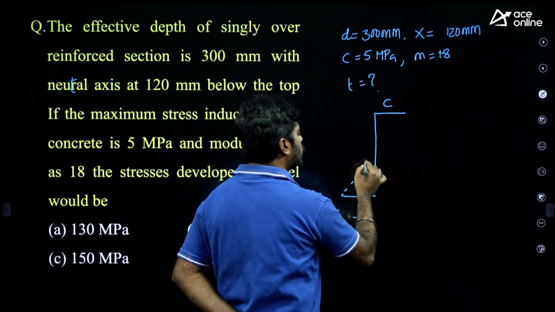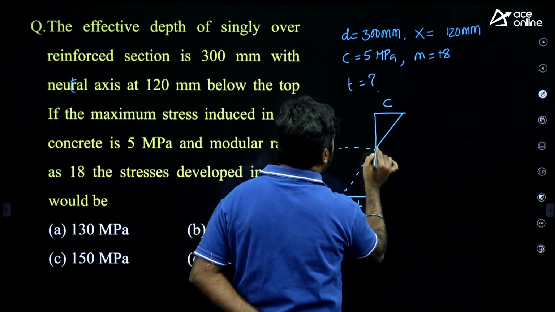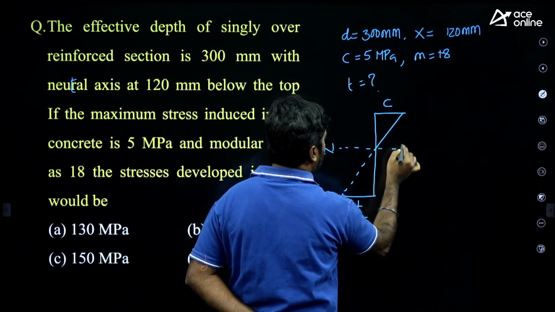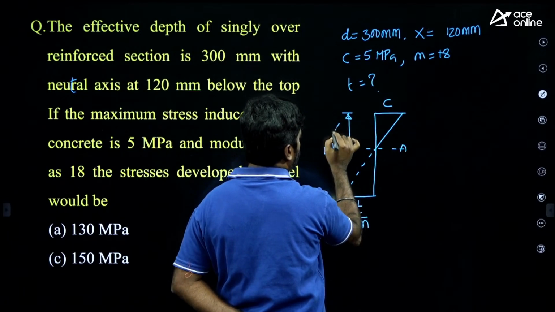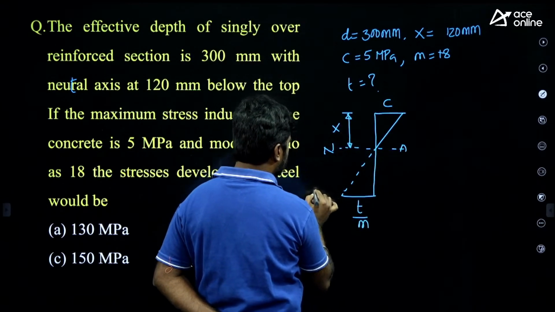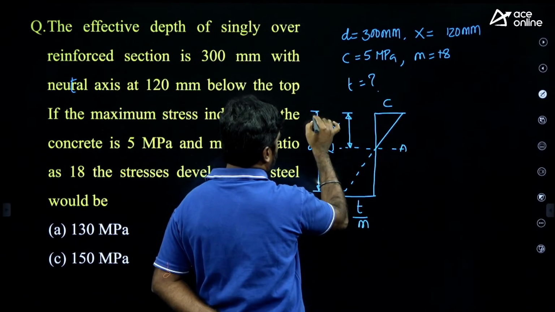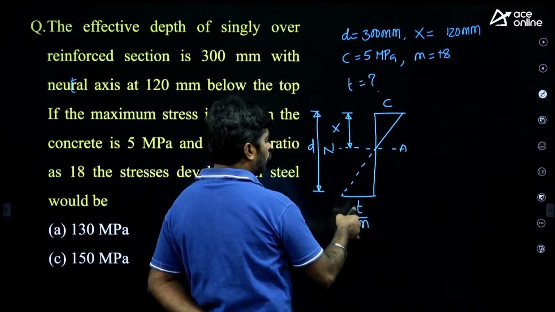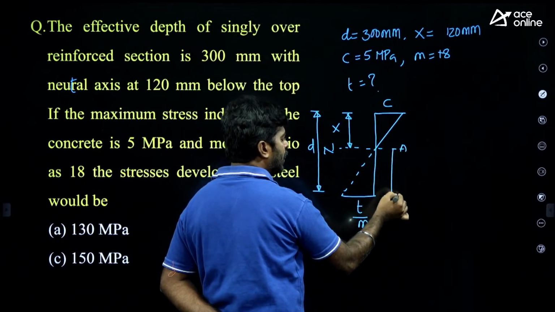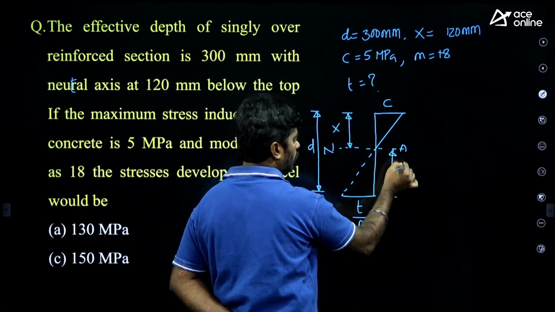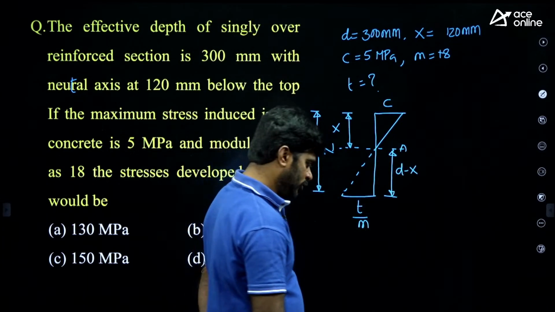Now join these two stresses. My dear, this is a neutral axis and it is the depth of neutral axis x and it is the effective depth of the beam D. They are asking to find T value. If it is x, then this depth will be D minus x. Okay? Good.